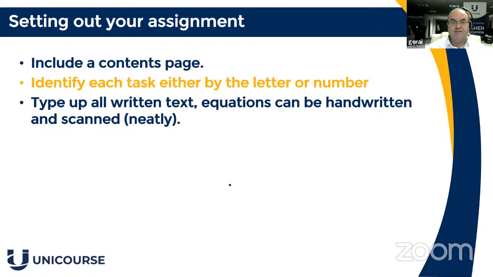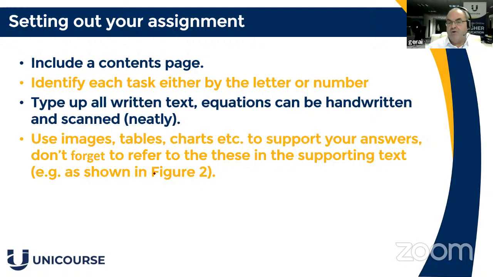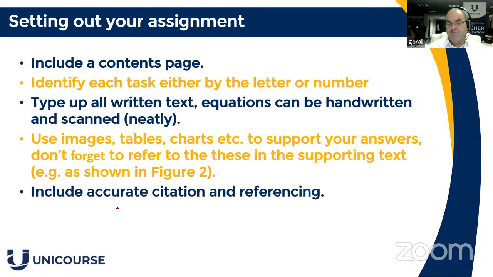Make sure they're neat. Put tables and charts in. Again, as I did in the example question, refer to the figures, charts or tables in the text so that they make sense. And include accurate citations and referencing. You will be referencing information in this assignment, so make sure you have a look at them.